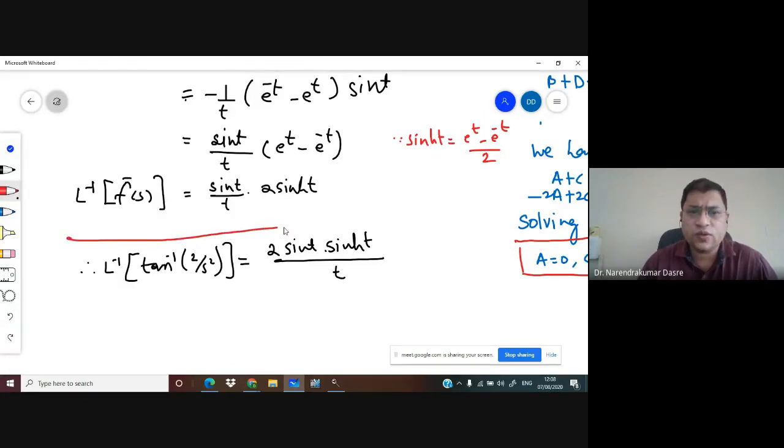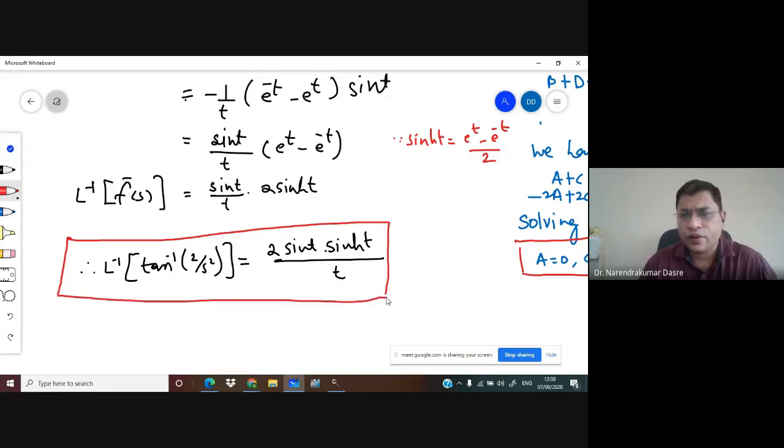So this is how we are able to get the inverse Laplace transform using the derivative property. But as you have seen in this example, we have used the method of partial fraction also, and the property of a derivative also.